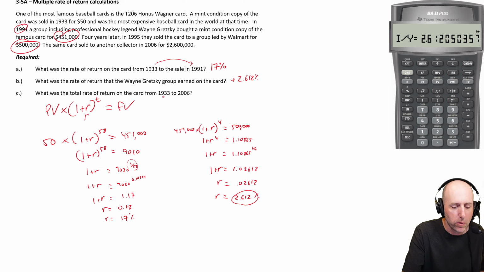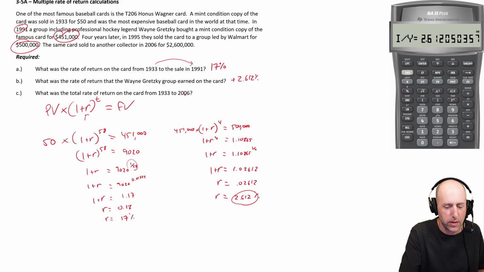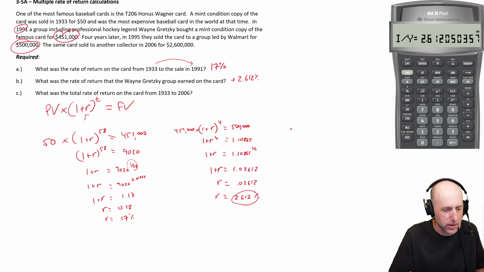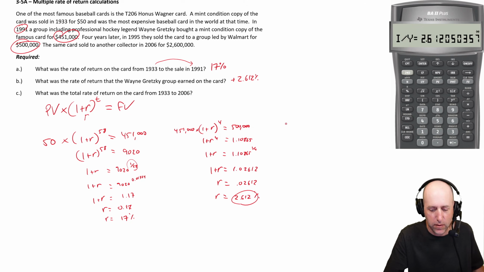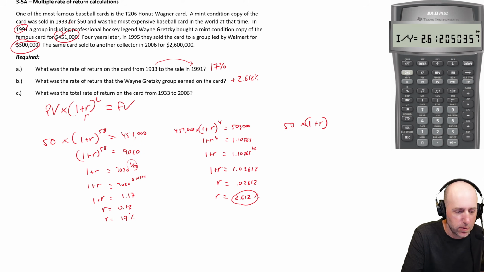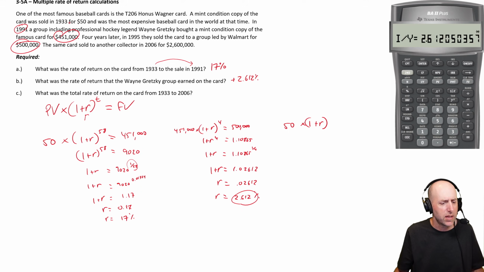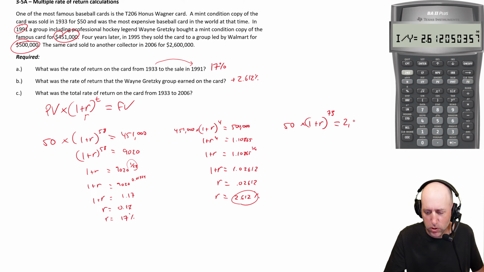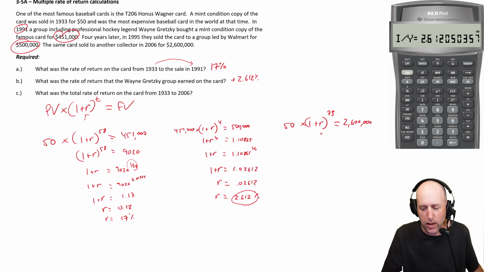Let's do the last piece. It says, what's the total rate of return from 1933 to 2006? Okay, 1933, the PV of the card was 50 times 1 plus R, raised to the power of the number of years. 1933 to 2006, 73 years. Raised to the power of 73, and in that year it sells for $2.6 million. So we get a rate of return here.